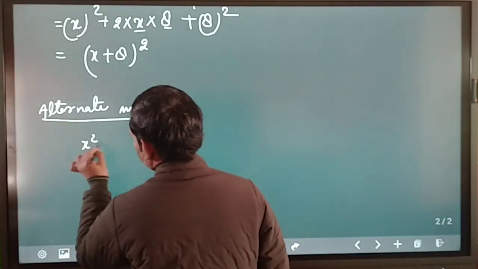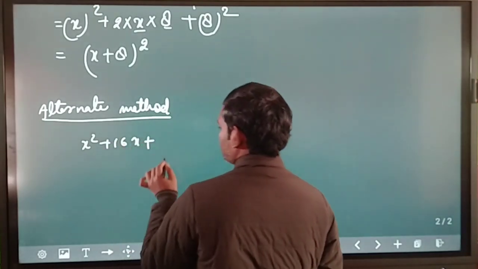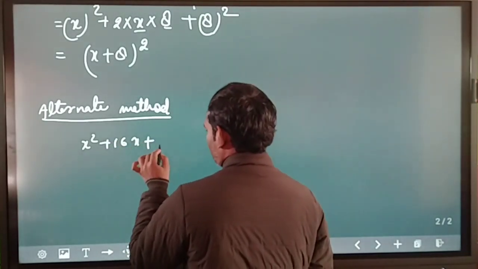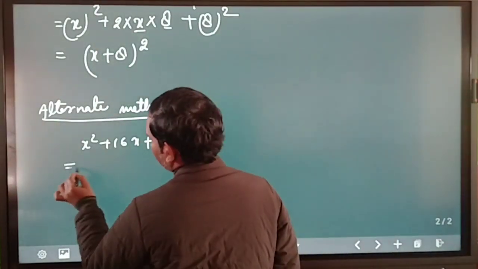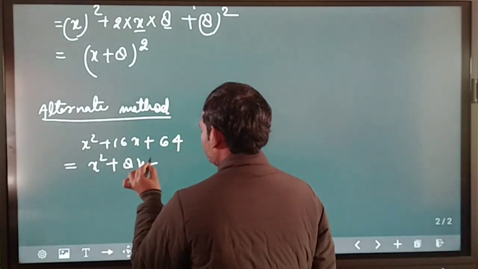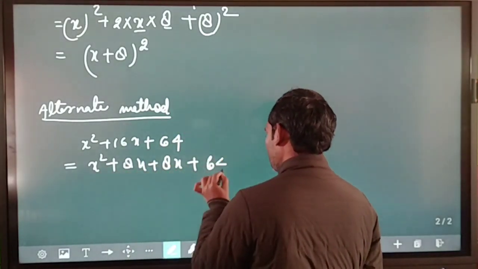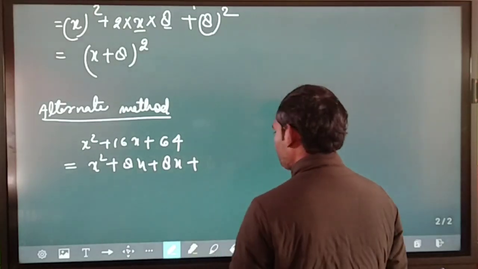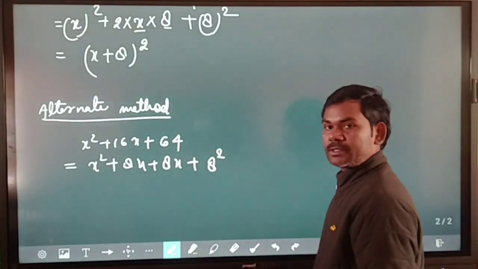The question is x square plus 16x plus 64. We can write it as x square plus 8x plus 8x plus 64, and 64 can be written as the square of 8.